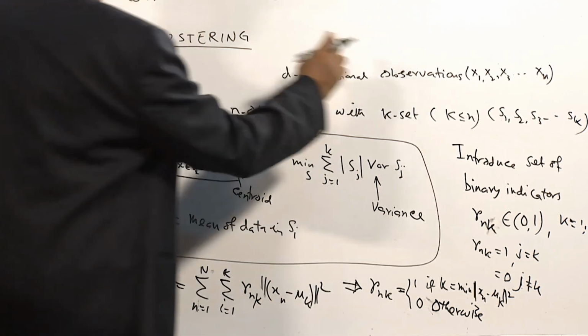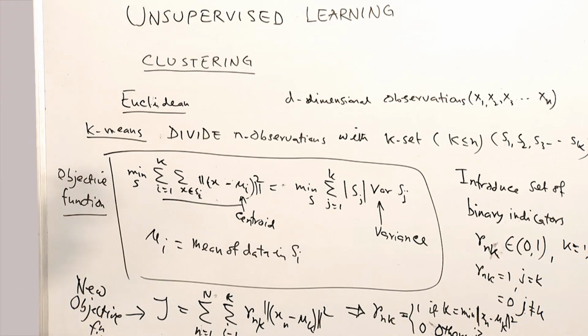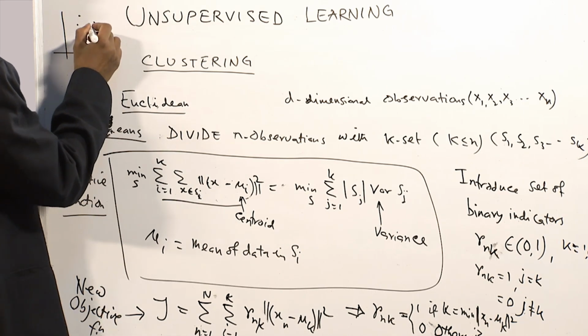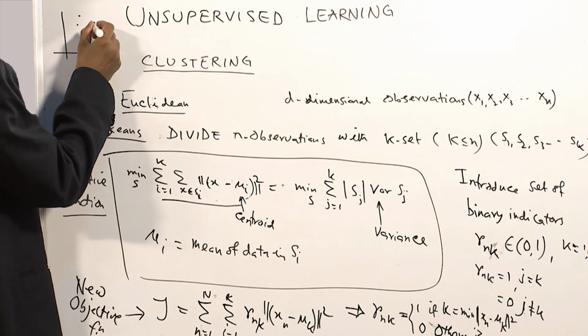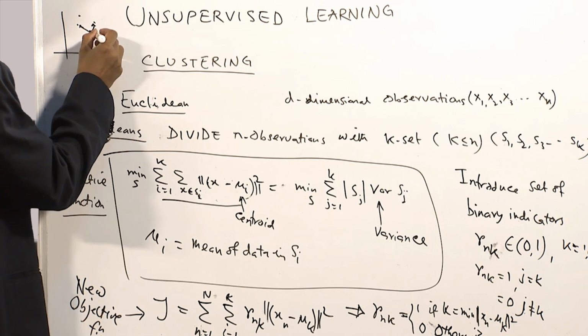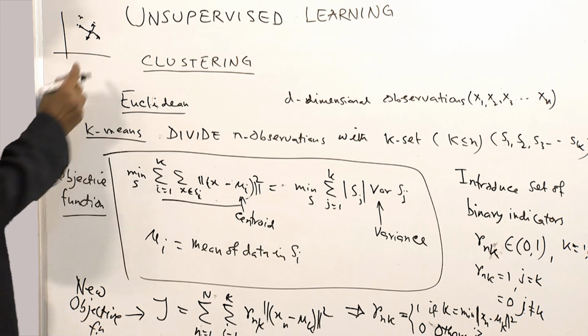Remember why you introduce r_nk, this binary indicator. Suppose I have points here like this. I decide a mean here, and then I try to find out the distance of these points from the mean. I can clearly see these 4 points have similar distances, but this one has a much larger distance.